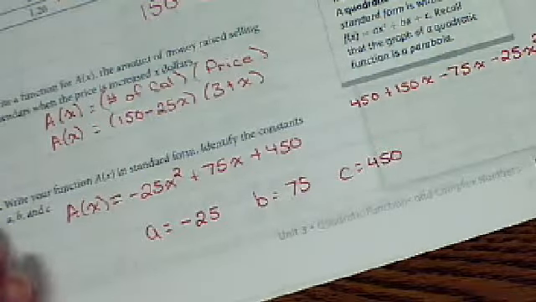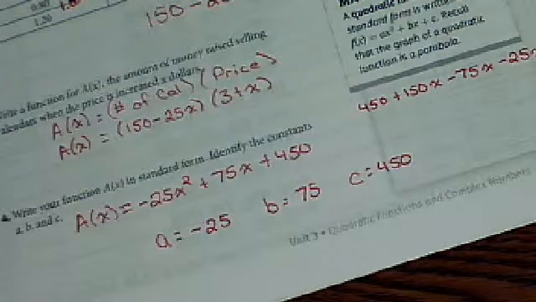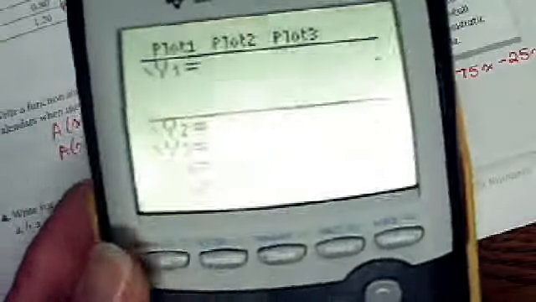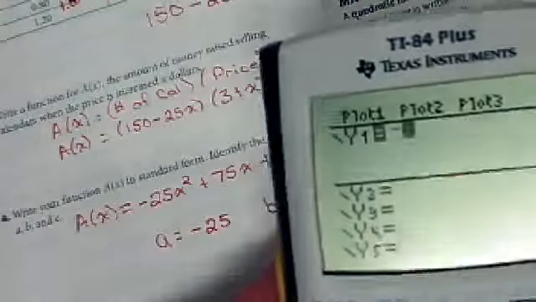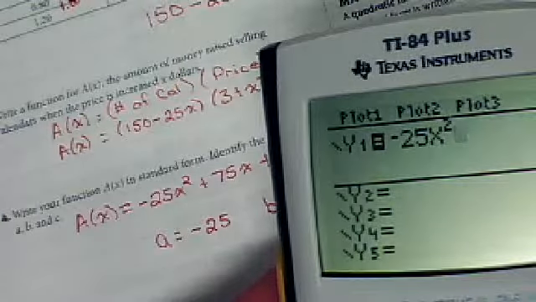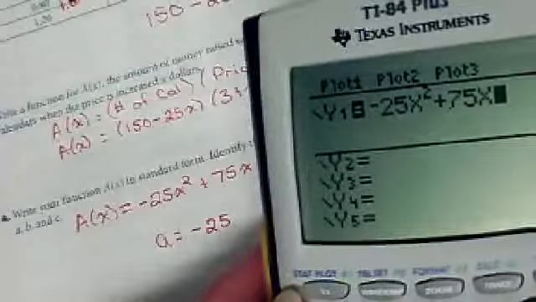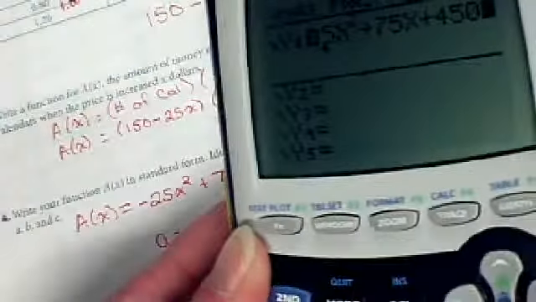Now, in the next part, we're actually going to graph this function. So before I change over, I want you to go ahead and grab your calculator and make sure that there's nothing in your y equals. If there is, just clear it out. And we're going to type in our function, negative 25x squared, and then it was plus 75x plus 450.